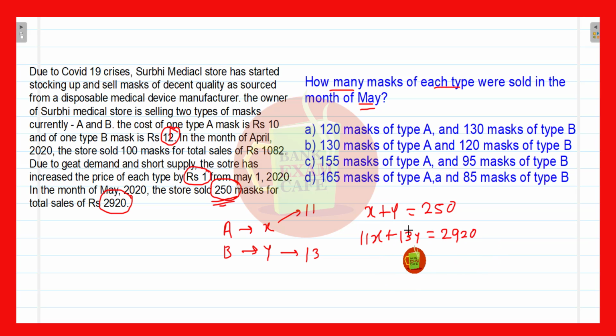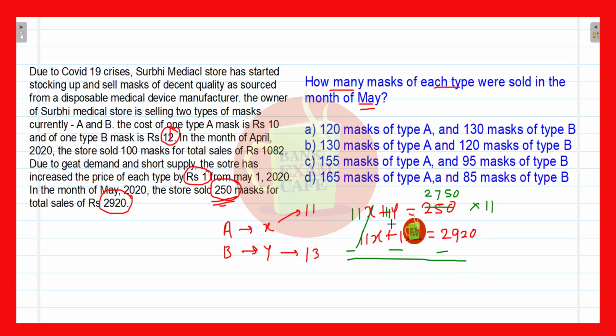Now here we will solve these two equations simultaneously. Multiply the first equation by 11, so this becomes 11x plus 11y, and 250 into 11 is equal to 2750. And then subtract these two equations.